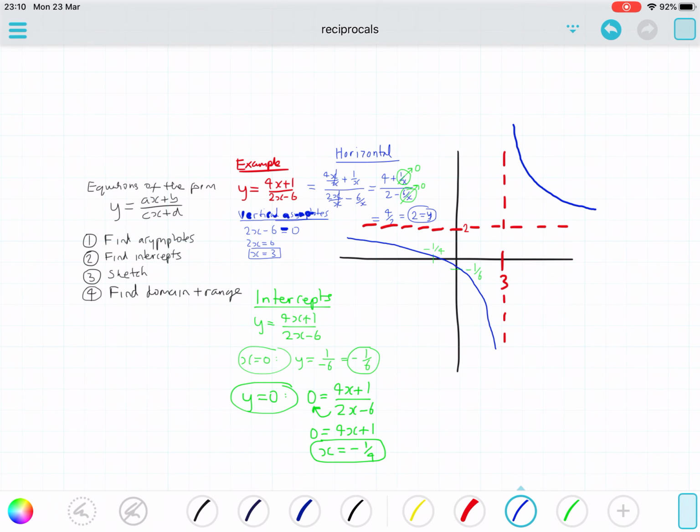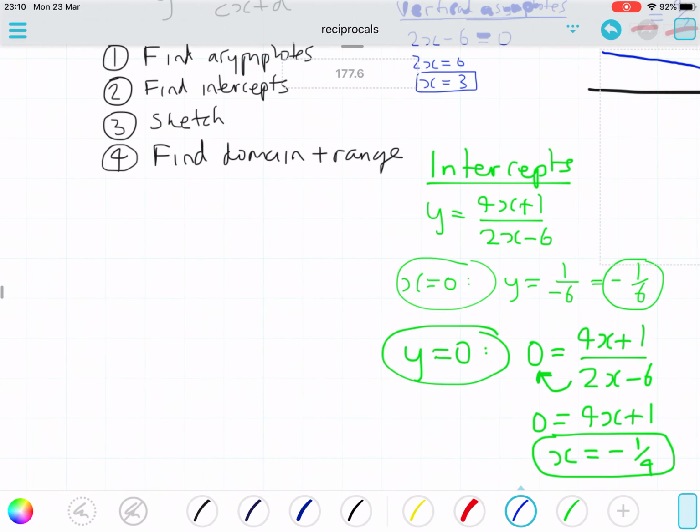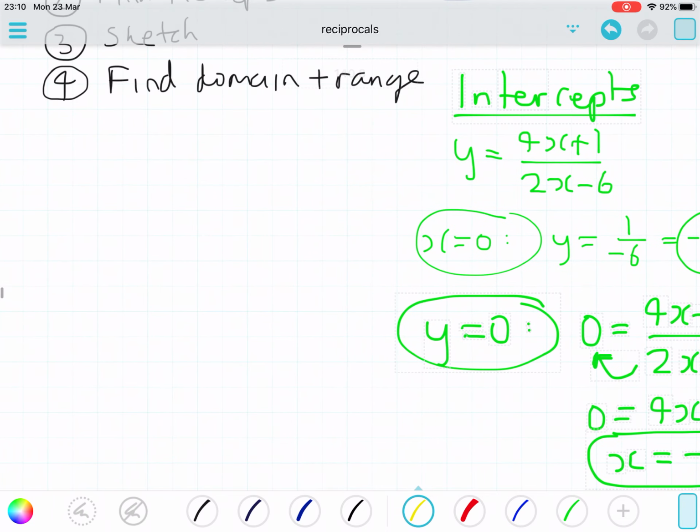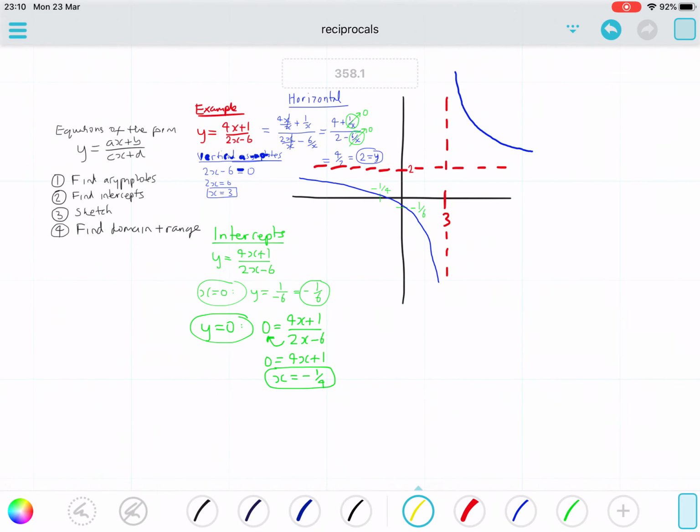The final thing we need to do is find the domain and range, and that's really easy. So the domain, if you remember, is just what x values are we allowed to put into this function.